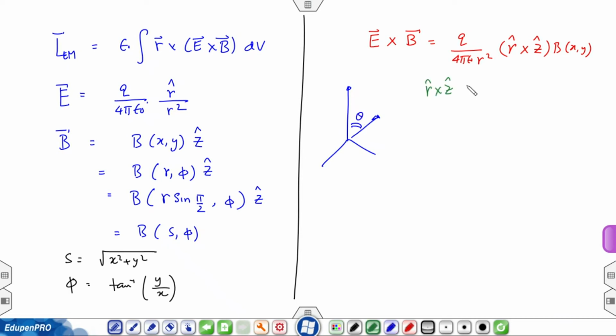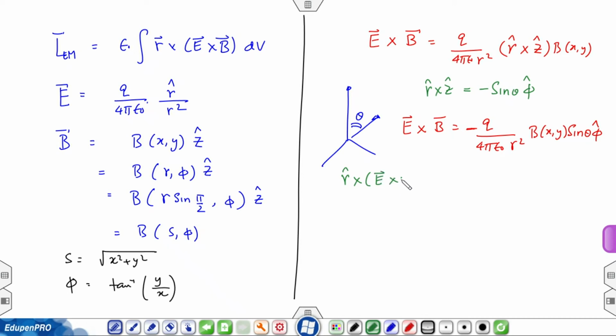So, r cross z is nothing but sin theta in the minus phi direction, and therefore, E cross B is q, a constant, over 4 pi epsilon 0 r square B x y with a minus sign in front, sin theta phi unit vector, and therefore, r cross E cross B is going to be minus q, this should be r full vector, over 4 pi epsilon 0 r square B x y sin theta r full vector cross phi.